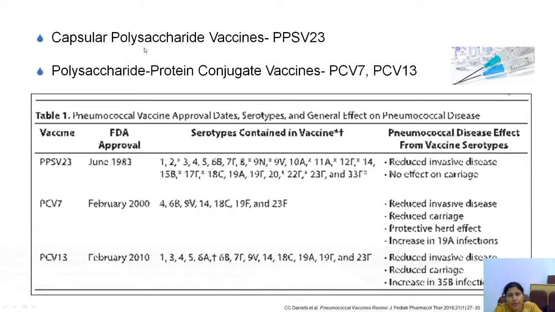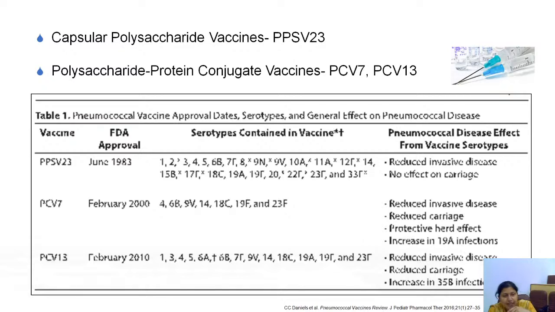Now because it is not given in less than 2 years, and a good number of neonates and infants less than 2 years have infection due to Strep pneumoniae causing meningitis, the polysaccharide protein conjugate vaccines PCV13 and PCV7 were designed.